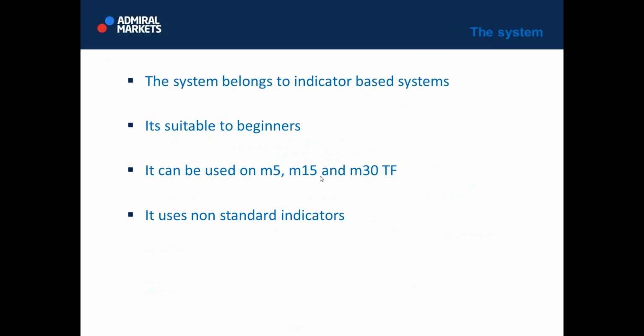This is a system which lives in the indicator dimension, and it's completely based on custom indicators. As I said, it's suitable for beginners, and they can use the multiple pair advantage. So beginners will see how price action works on an indicator-based system. They will get an understanding of the flow of the market.